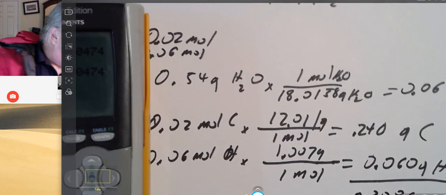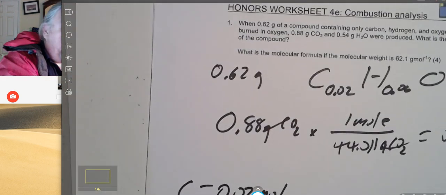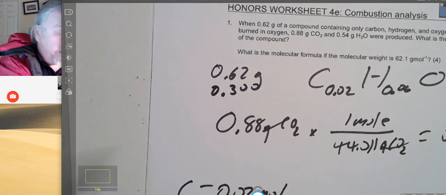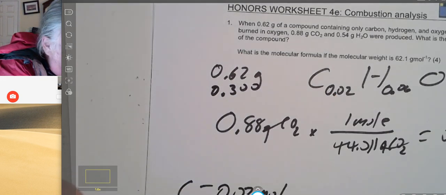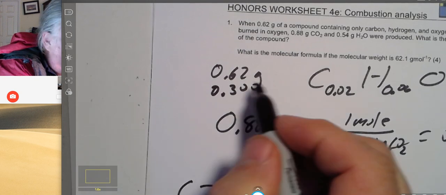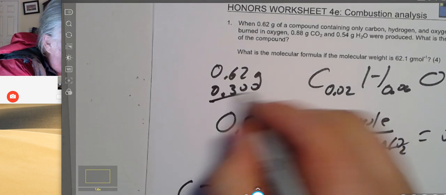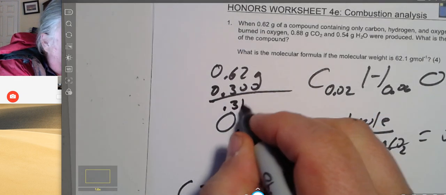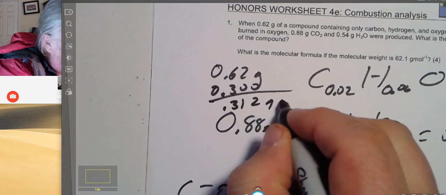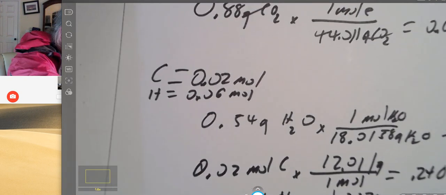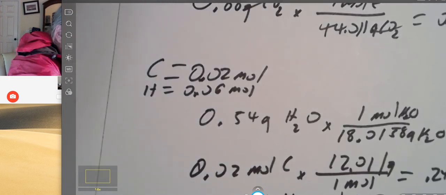So if I take that number and I go all the way up here, 0.300, and I subtract that from 0.62, the total mass of the compound, I get 0.312 grams of oxygen.